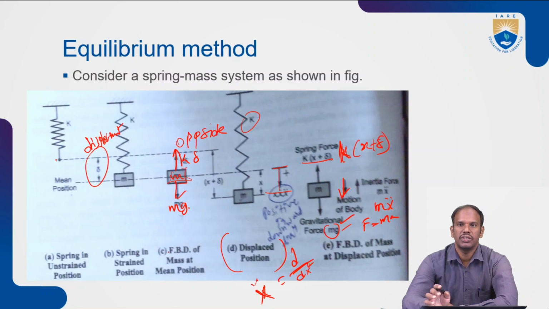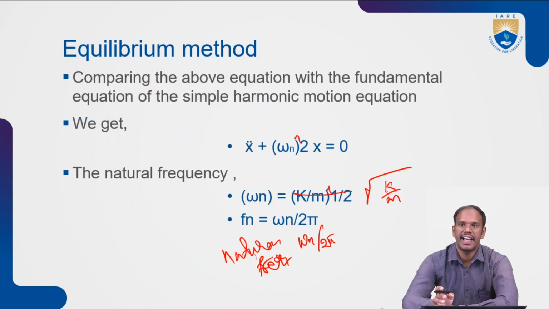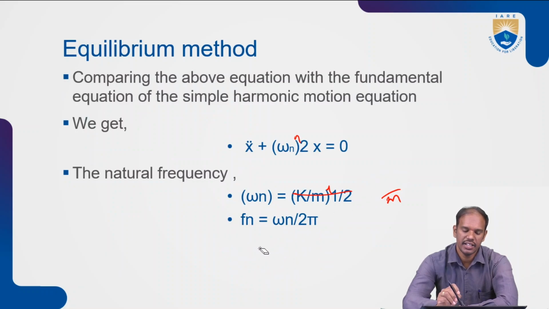Some free body motion occurred, and for the given mass we calculated the reaction forces, distance, velocity, and acceleration. The D'Alembert principle gives the sum of the inertial force plus external forces equals zero. From this, we can write the whole equation with the natural frequency.